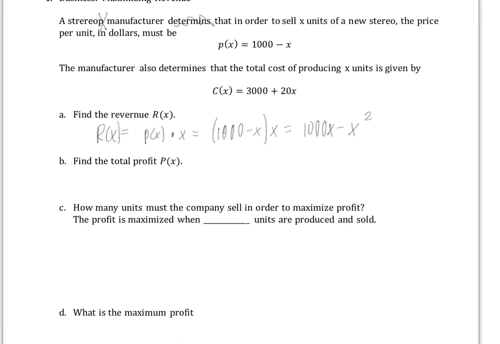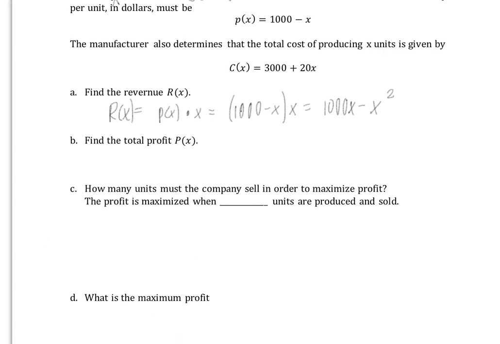So now it's asking me to find the profit. So profit, if you'll remember, is always equal to revenue minus cost. So I'm going to use that function that I just found for revenue, and I'm going to subtract cost from it. So that would be 1,000x minus x squared, then subtracting our cost function up top.